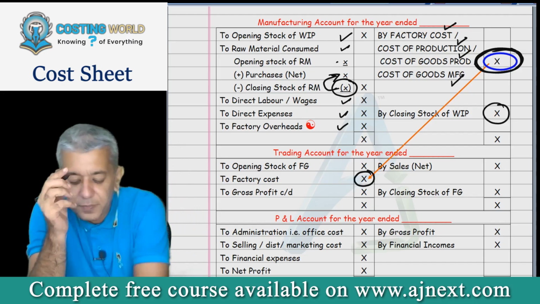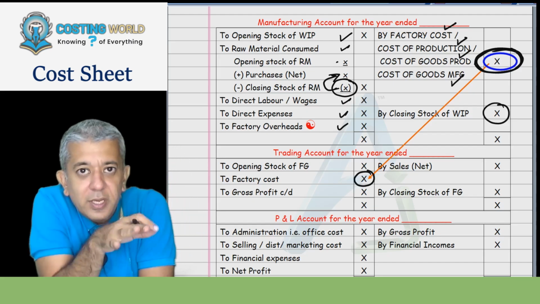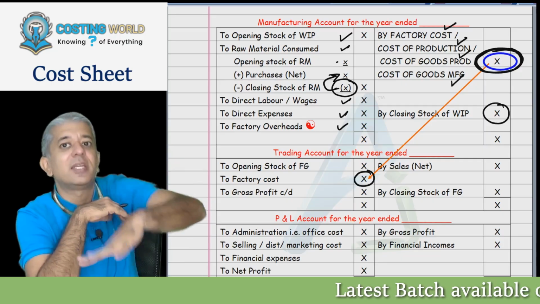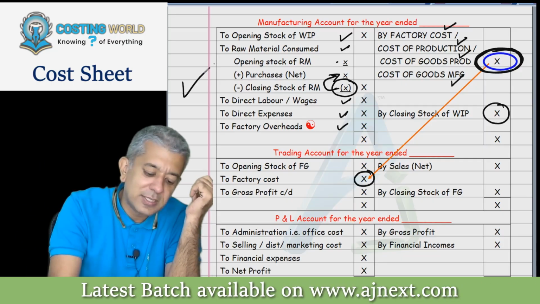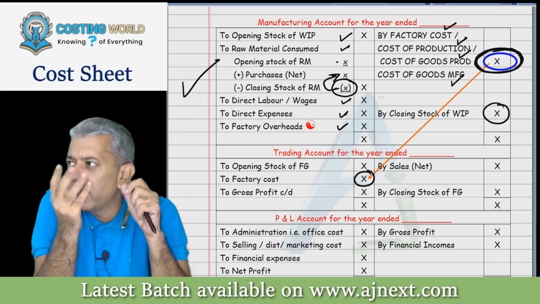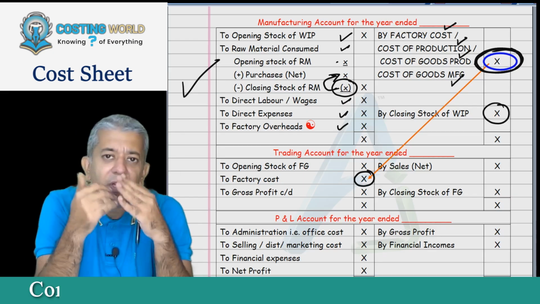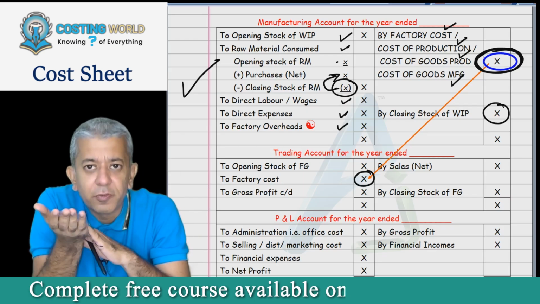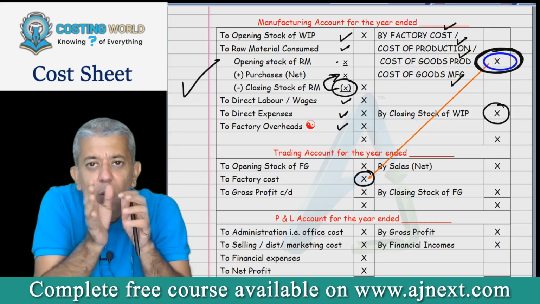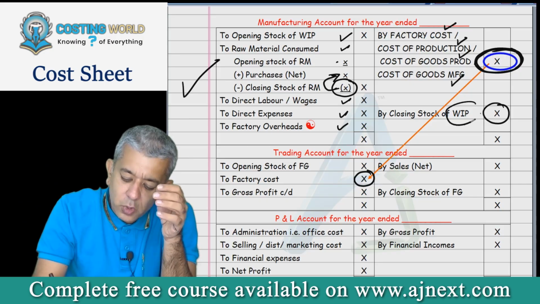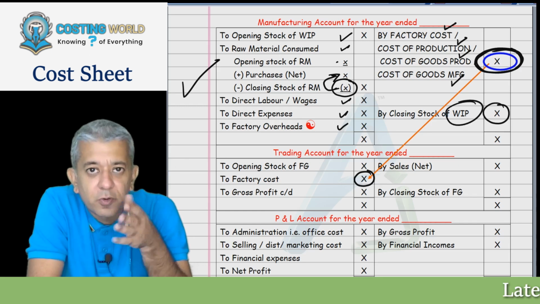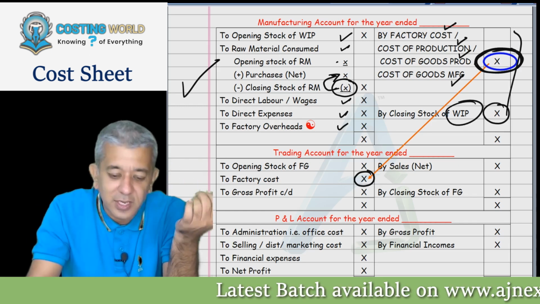Now before that, what I taught you yesterday was a cost sheet. A cost sheet is a statement, but this is an account. Yesterday I told you one line around 20 times: every stock is valued at cost, and for the meaning of cost, see above it. Now, I cannot tell you WIP stock is valued at cost, see above it, because there is nothing above this here. So what to do?